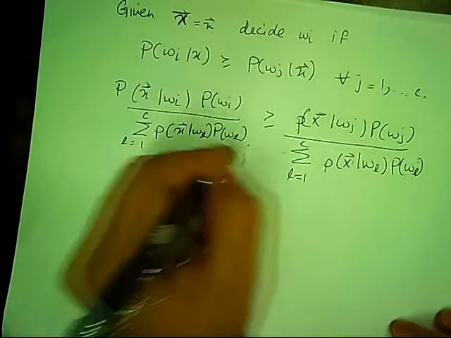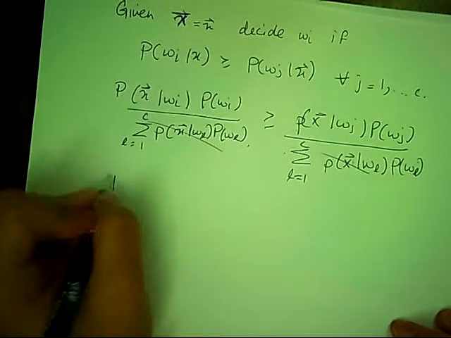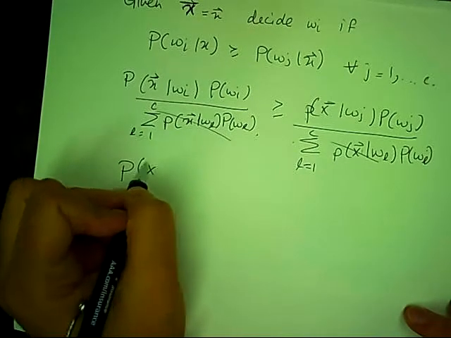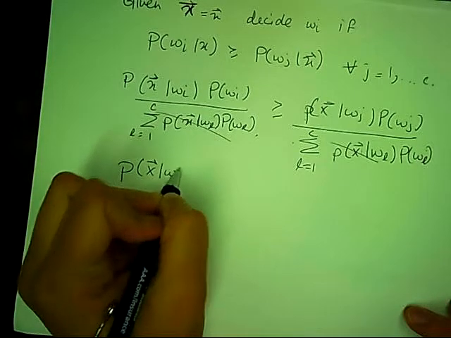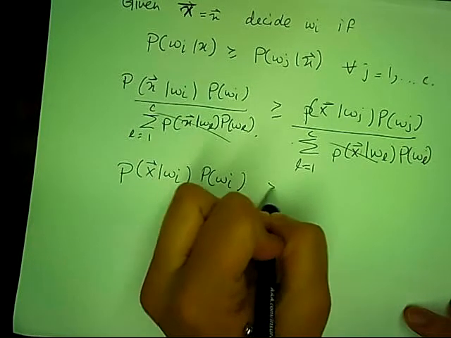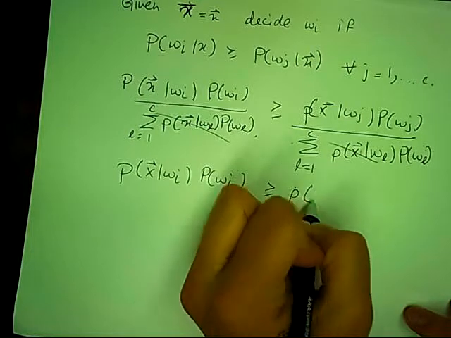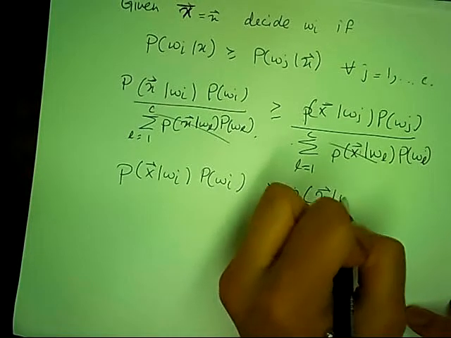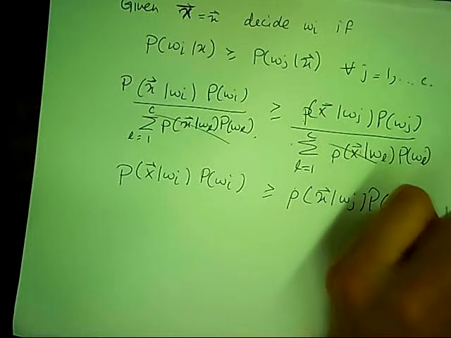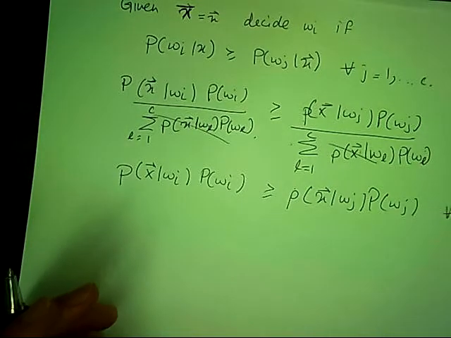Now, since the denominators are equal, we can cancel these out, giving us the probability of x given ωi times the prior is greater than or equal to the probability of x given ωj times the prior of ωj for all j.